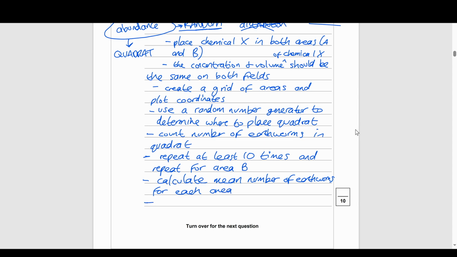And once you've calculated a mean, you've then got a mean number of earthworms for area A. We've got a mean number of earthworms for area B. We're then able to just compare means to identify which area has more earthworms.